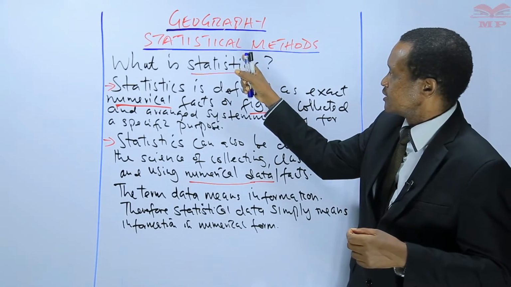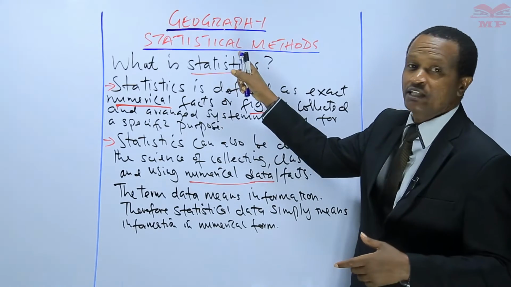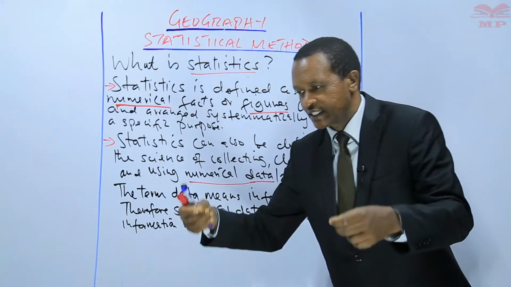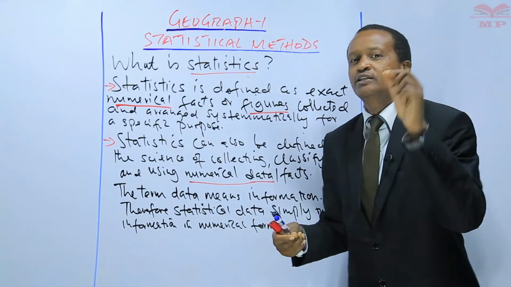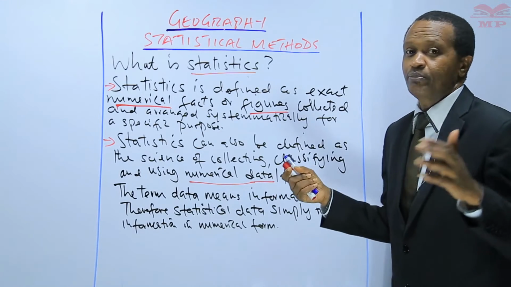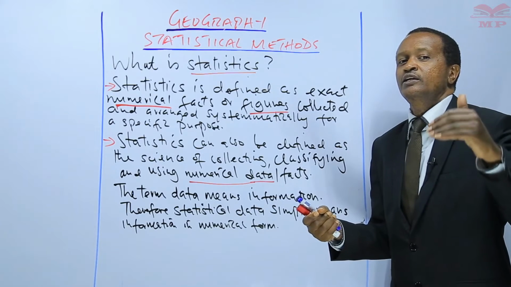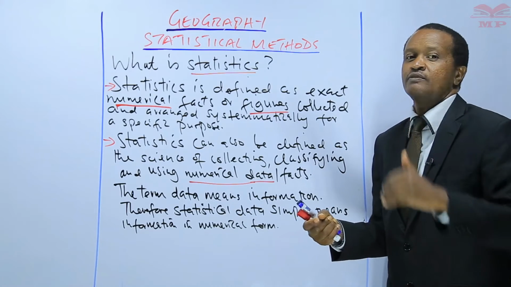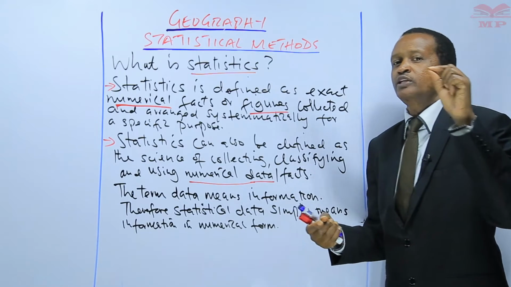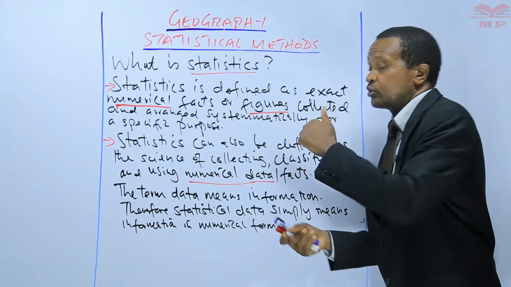When we study statistics, we are merely interested in the way that data is obtained. And this is one of the main reasons for our interest in learning statistics. There are many reasons, but it's one of the reasons for learning statistical methods.